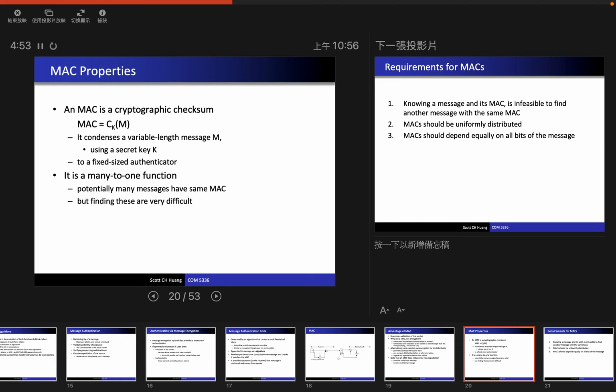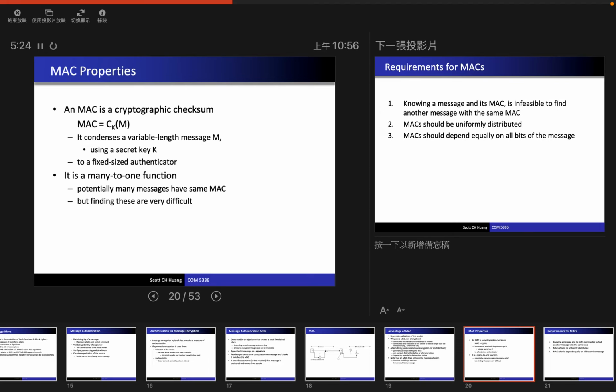Okay, let's take a look at the message authentication code properties. A MAC is a cryptographic checksum. For those who have already learned computer networks, you know what checksums are, because in transmissions sometimes there will be errors, and some bits may be flipped. So you need a checksum to see whether there's any error in the message.